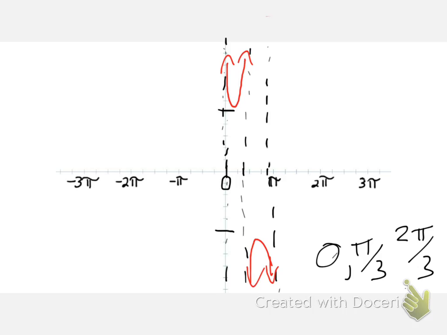Let me see if I can clean that up a little bit. So here are my asymptotes. Again, we have the new amplitude, 5 to negative 5, and then within that we have our graphs. And what I've drawn is one cycle.